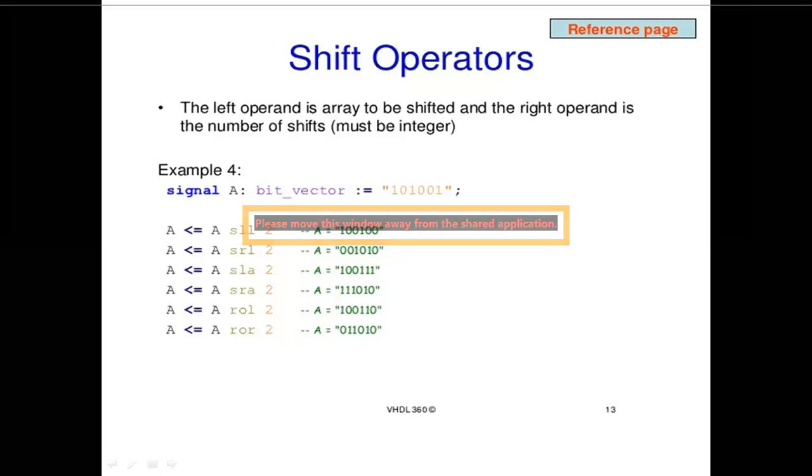So that is rotation left and right. ROL by 2. If you mention the numerical value 3, then automatically the operation is performed on 3 digits. So these are the examples for shift operators.